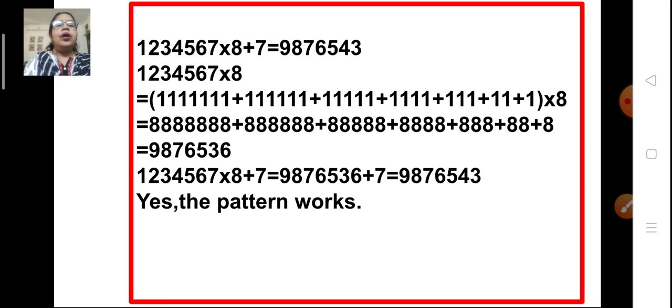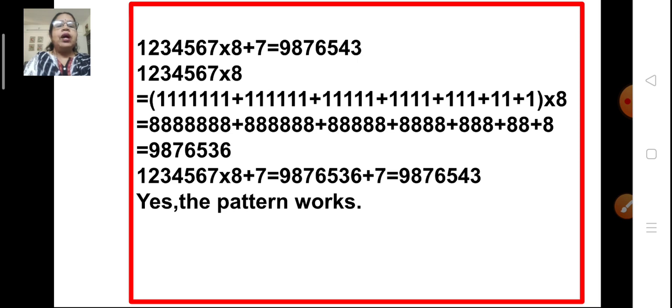Now, let us see whether the next step that we have written is right or not. Now, the next step is 1, 2, 3, 4, 5, 6, 7, isn't it? And multiplied by 8 plus 7 is equal to 9876543. Alright. So, what is this number? When we expand this number 12,34,567, what do we get?